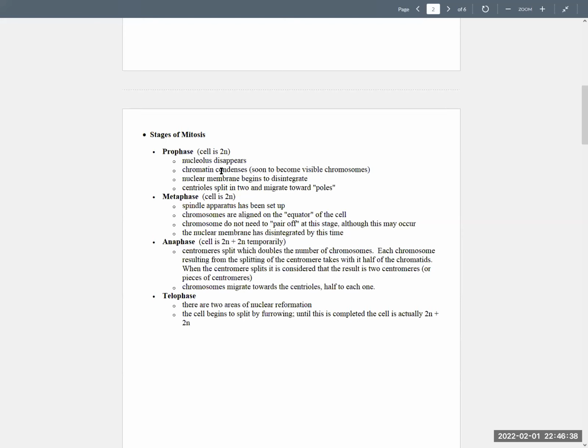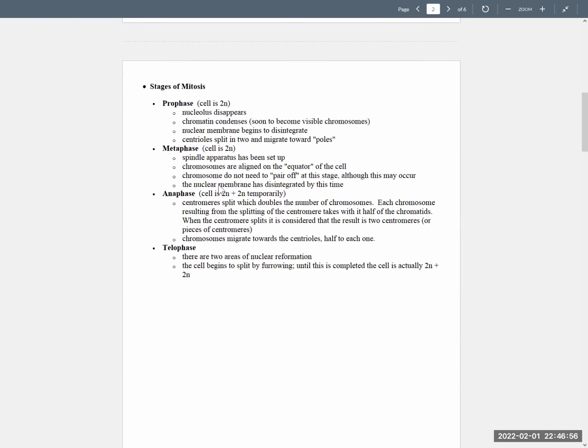It's going to condense. That's to protect everything inside. The nuclear membrane begins to disintegrate, and the centrioles that we saw split into and migrate towards the poles.